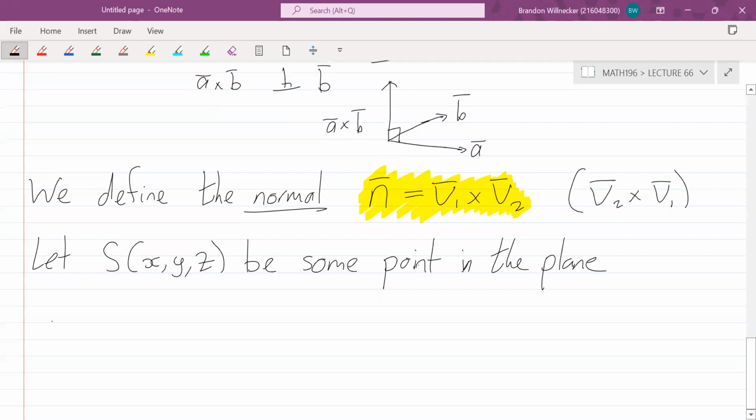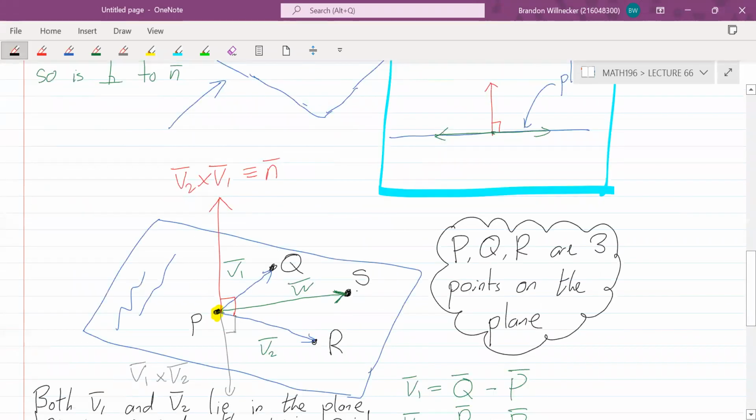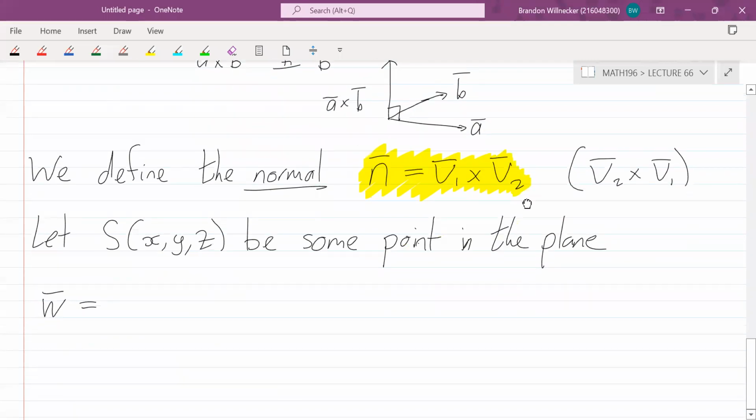So we've got W is equal to the vector going to S minus the vector going to P. So it's going to be S minus P. And just to make things easier, let's say P is given by (x naught, y naught, z naught). That's just some point in the plane.